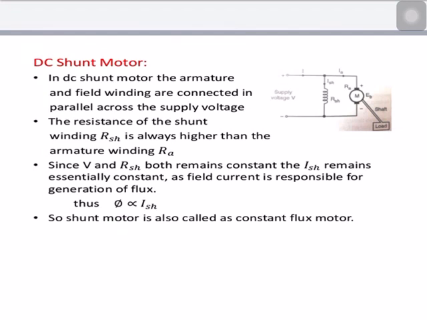So initially, we have to know the performance of that particular motor.